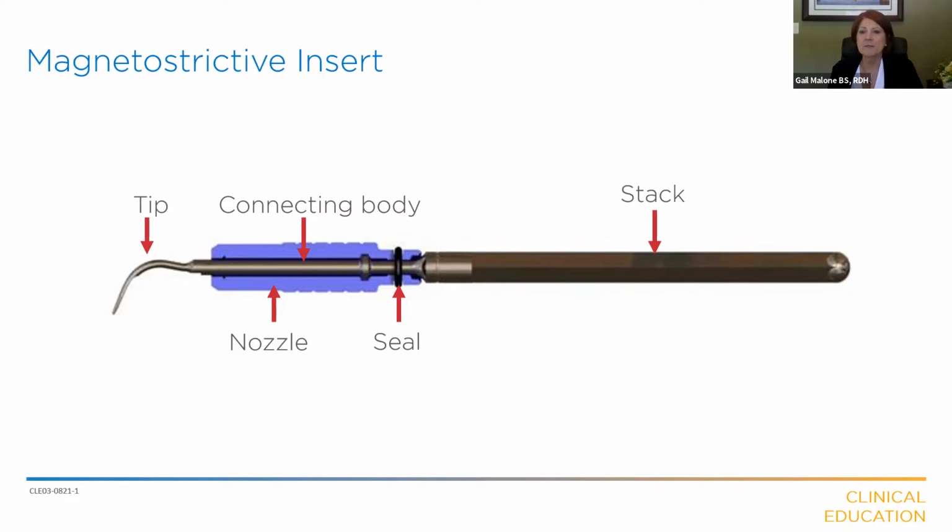Then we have a connecting body, which is actually an acoustical amplifier. It takes the energy from the stack and it amplifies it up and then transmits it to the tip. There's also a nozzle that goes over the connecting body, and that provides a channel that allows us to drive water across the stack. And then lastly, we have the tip, and these are available in various insert designs and shapes.